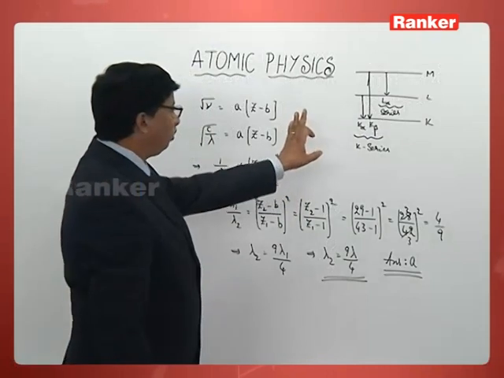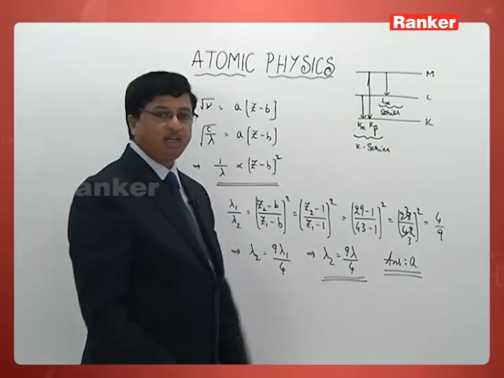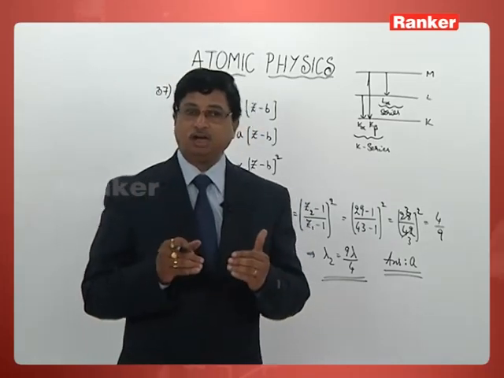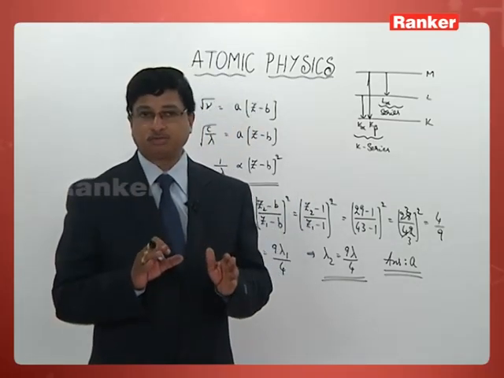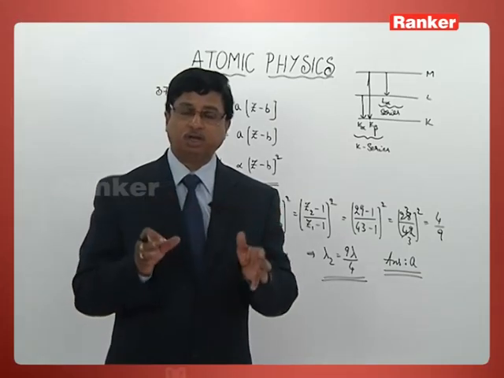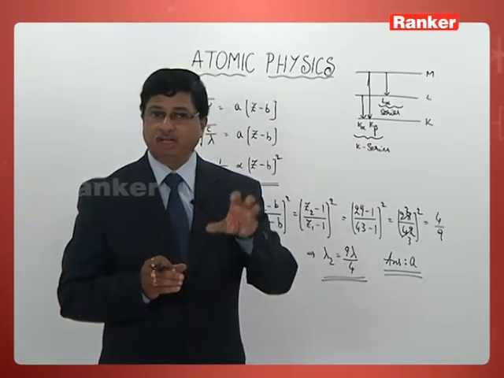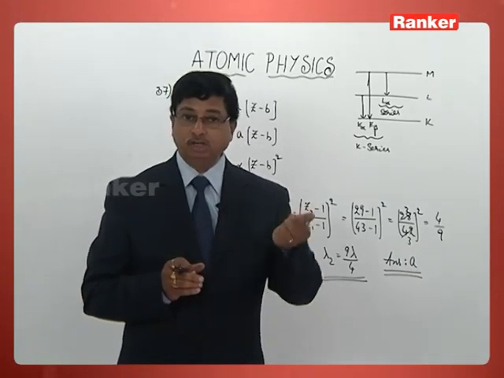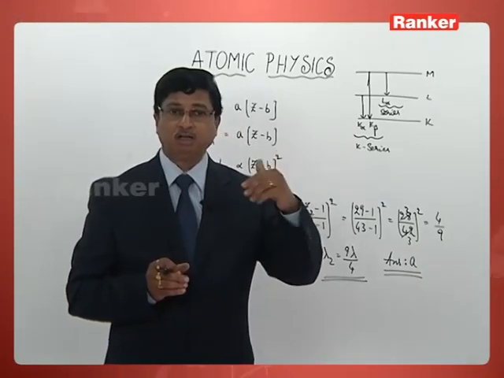So what you need to understand in this case is, what is a K-series? First of all, you should recollect. K-series of X-rays: in the spectra of X-rays, you will find the K-series whenever an electron is transiting into the K shell from any other outer shell.